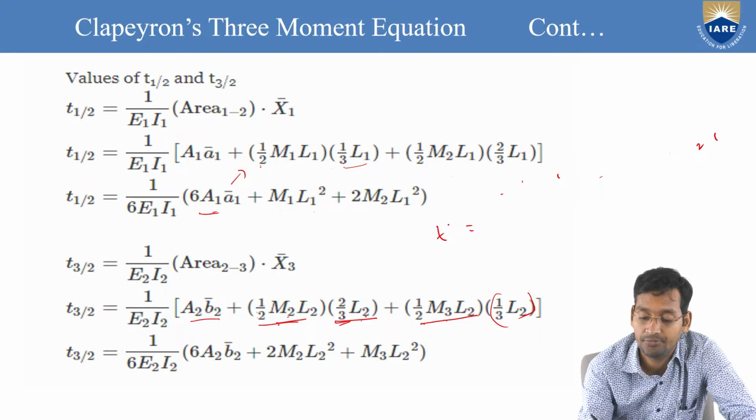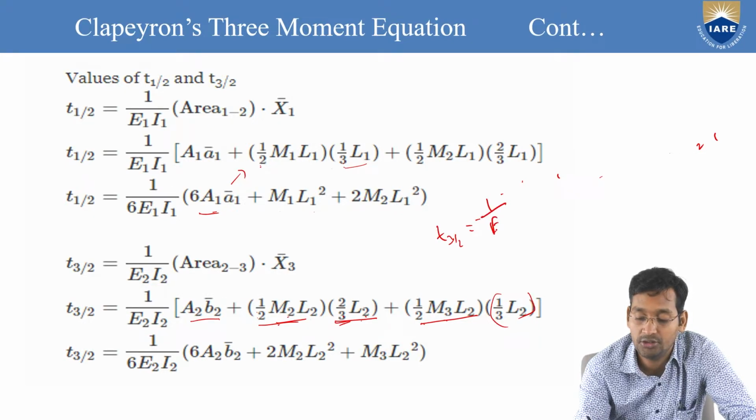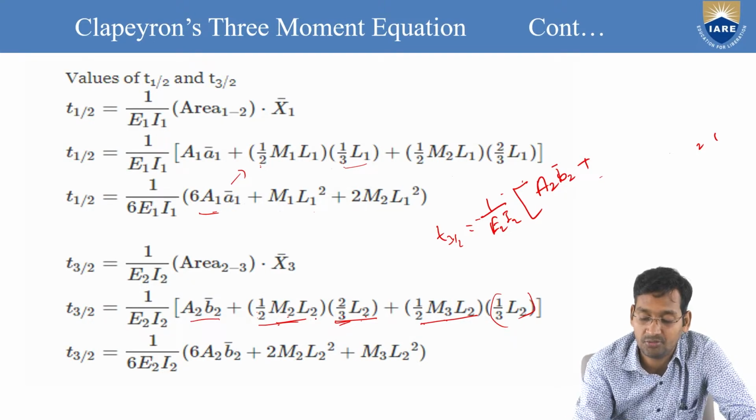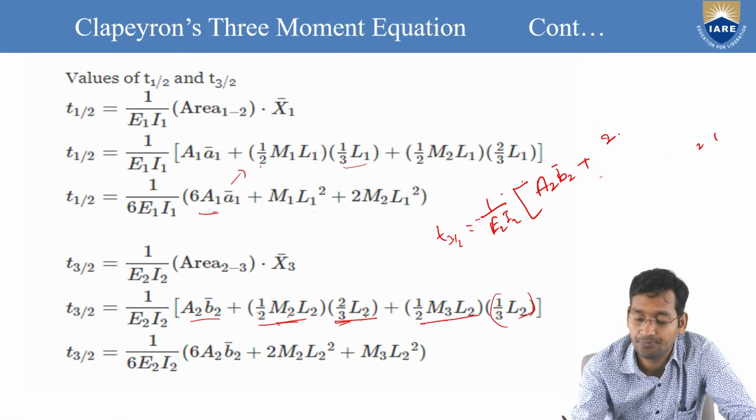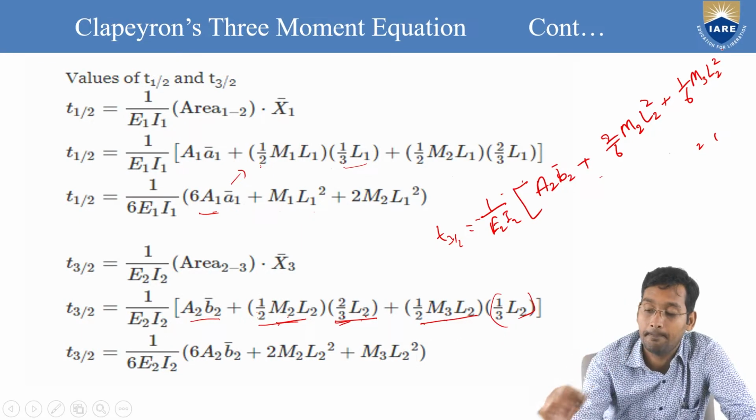So T3 to 2 is equal to 1 by E2 I2, right? And then this is A2 B2 bar plus, now this becomes 2 by 6 M2 L2 square plus this is 1 by 6 M3 L2 square, right?